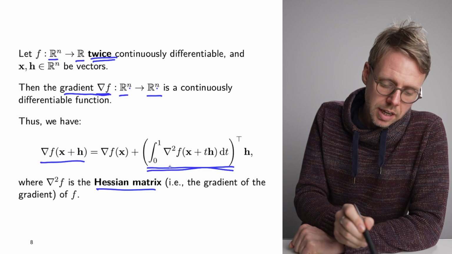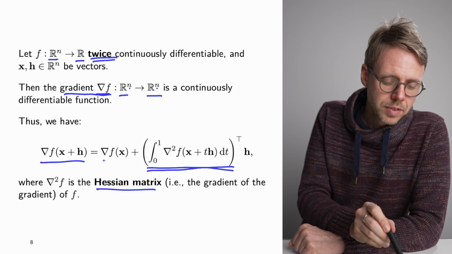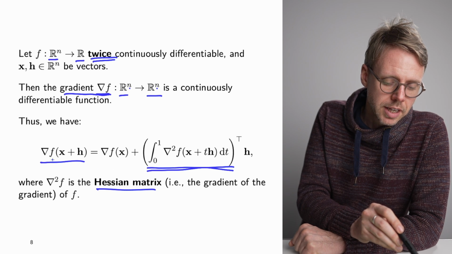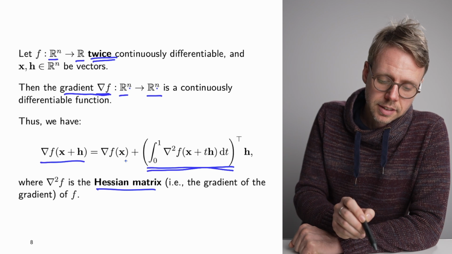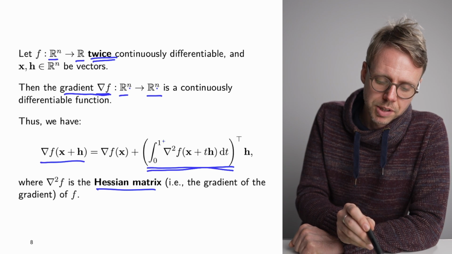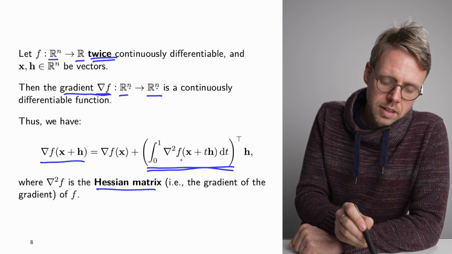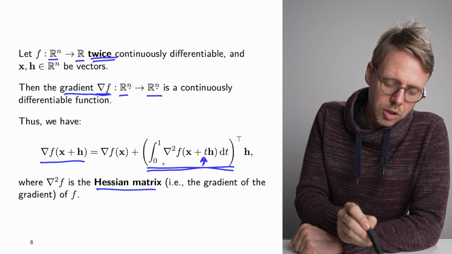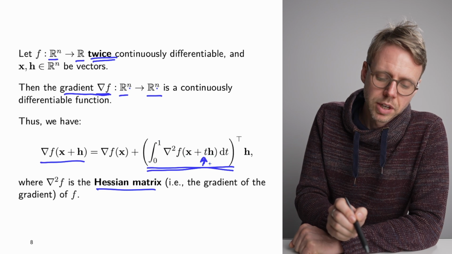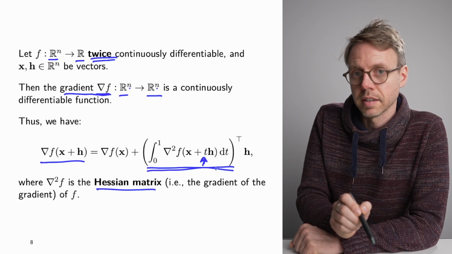Thus, we can just apply the theorem that we have just shown. So the gradient of f at x plus h equals the gradient of f at x plus the integral from 0 to 1 of the Hessian, where we integrate over, again, this t that goes from 0 to 1 that interpolates between our 2 points x and x plus h.